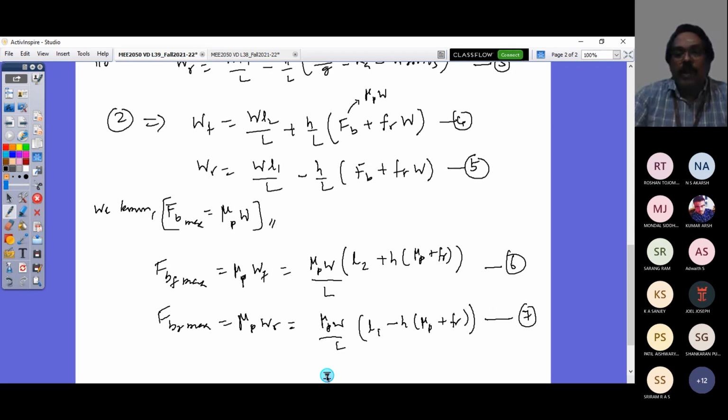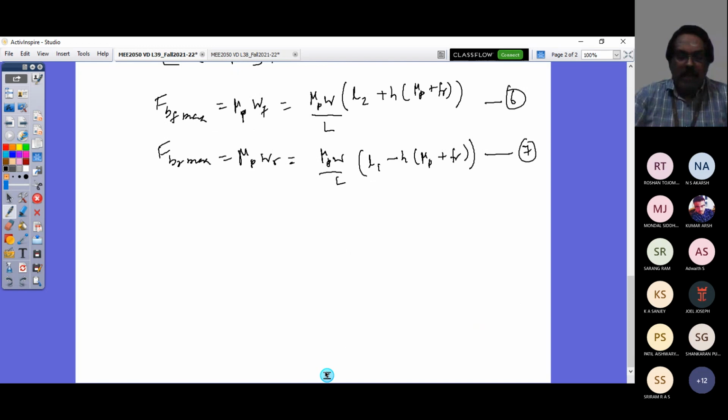So what is to be noted? It should be noted here that when the braking force reaches the maximum value given by this equation, the tires are at the point of sliding. Instead of rolling and decelerating, it would be sliding. Any further increase in the braking force from this value would cause the tires to lock up.